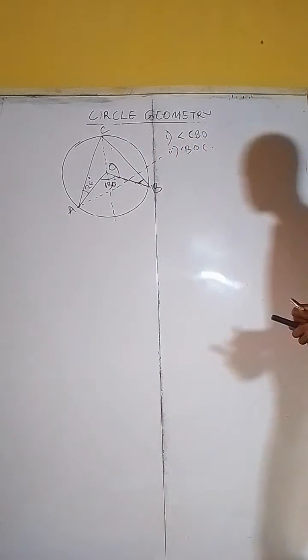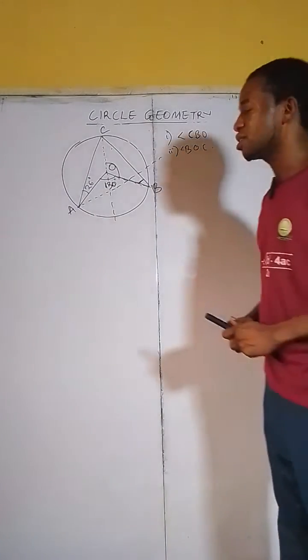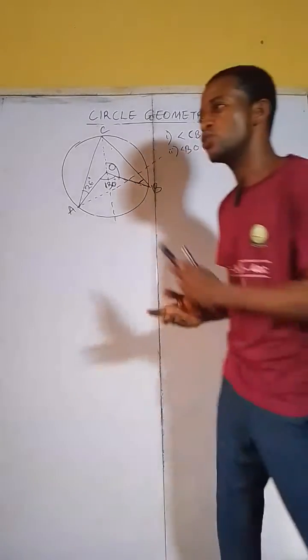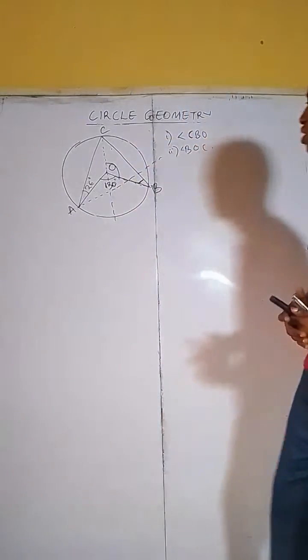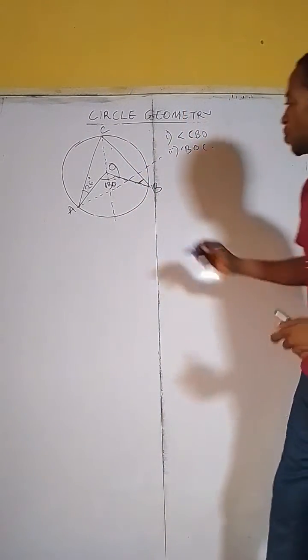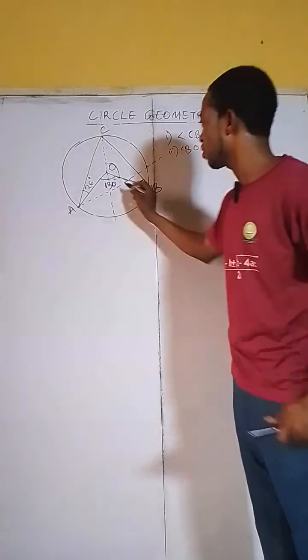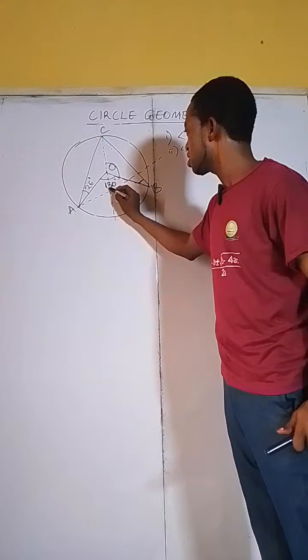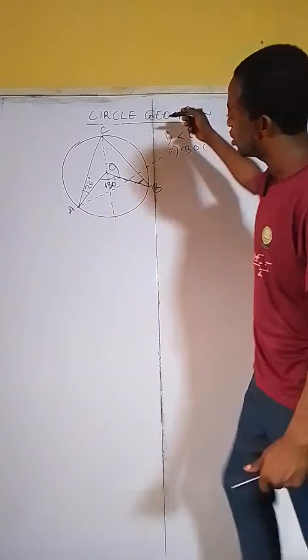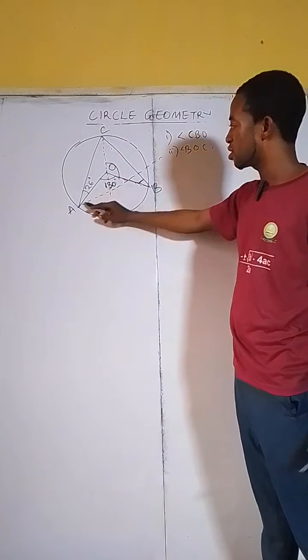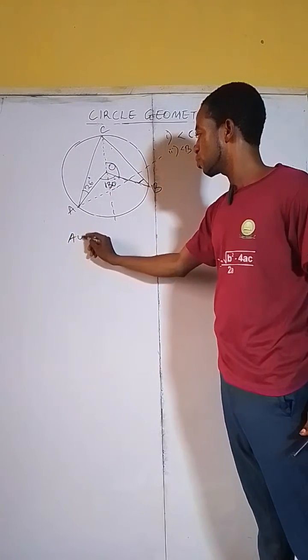Now, the first thing to look at is theorem 1, which is angle at the center is twice the angle at the circumference, which implies that angle at center here is given, and that is 130 degrees.